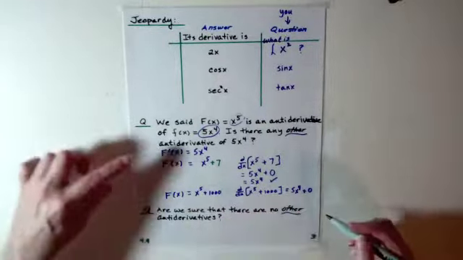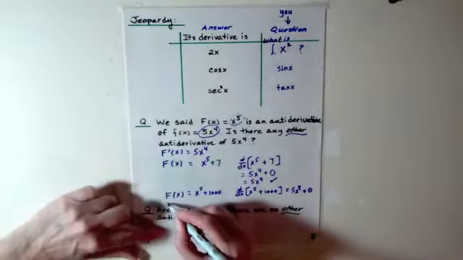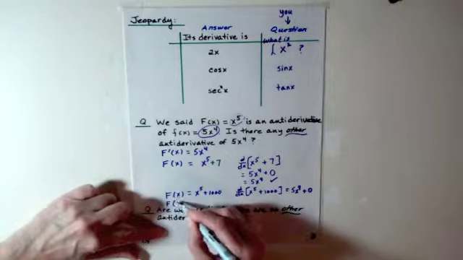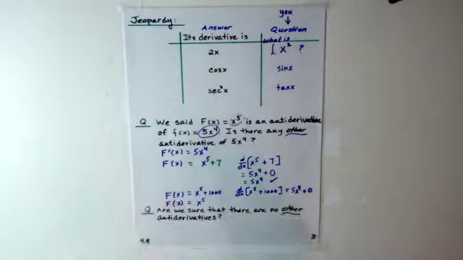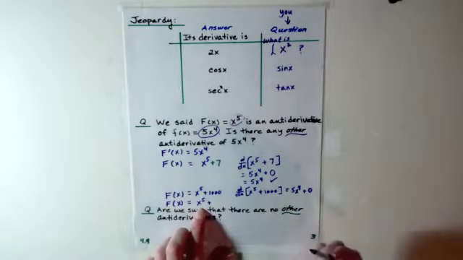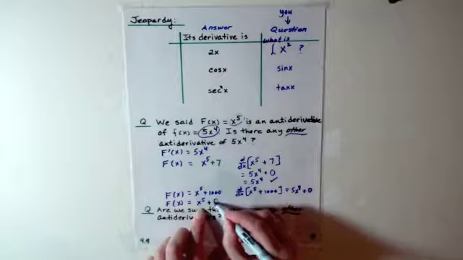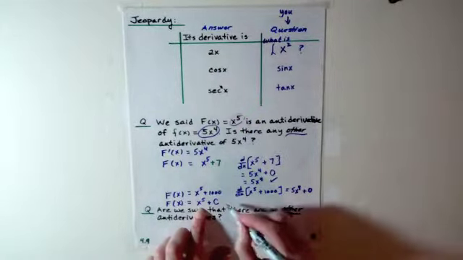And so I'll still get what I want, 5x to the 4th. In fact, I could go ahead and say, gee, I could add any constant on. So I could do x to the 5th plus any constant, and we usually use a capital C there as the any constant.